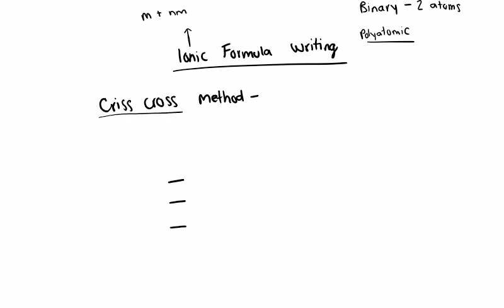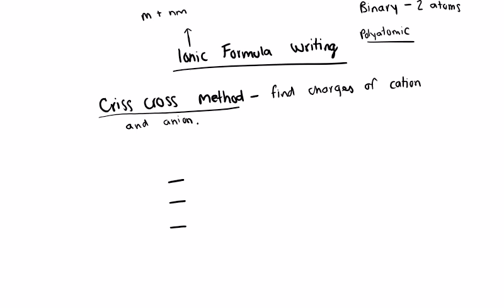the crisscross method. Okay, so in the crisscross method, you have to find the charges of the cation and anion.